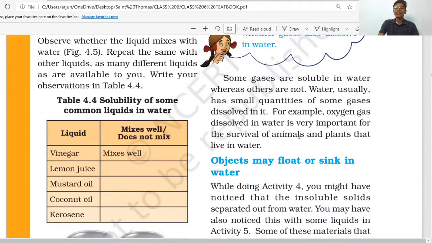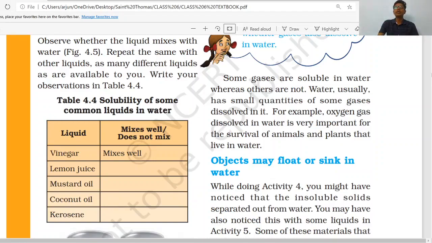Some gases are soluble in water, whereas others are not. Water usually has a small quantity of some gases dissolved in it. For example, oxygen gas dissolved in water is very important for the survival of animals and plants that live in water. We know that we need oxygen for sustaining our life.